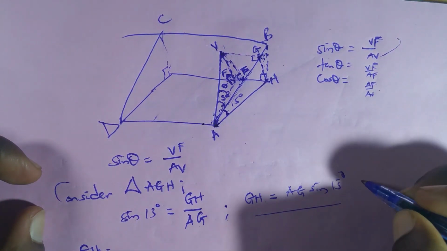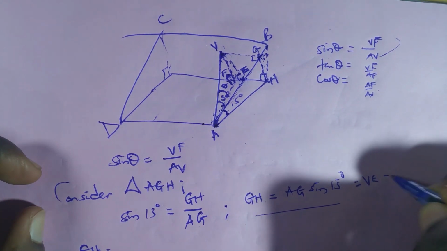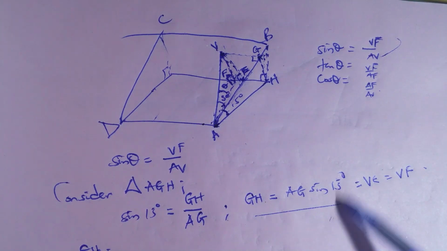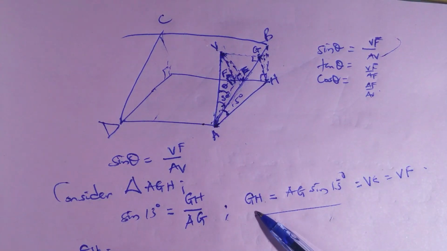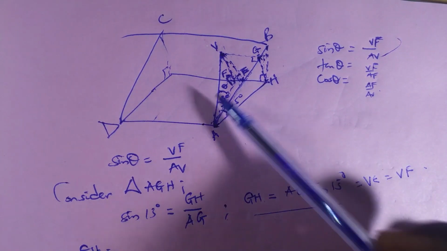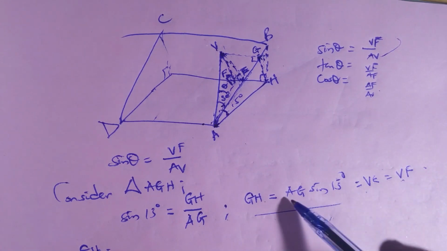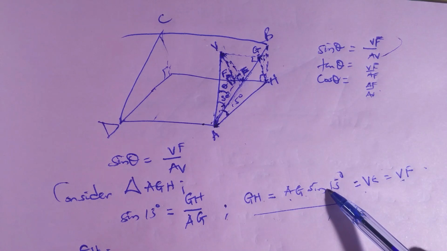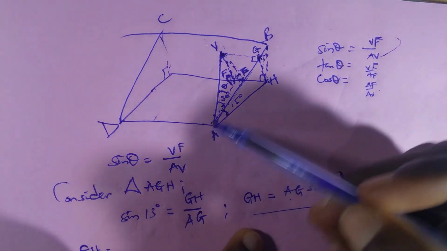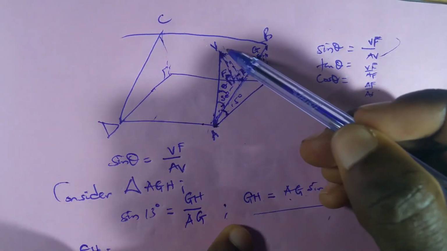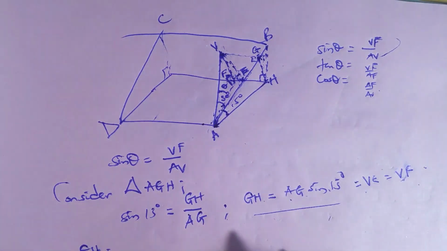So that means VF is given by AG sine 15. So what's our AG in this case? Our AG is that point, which is the same as the length of the line moved up to there, since we have just produced it there.